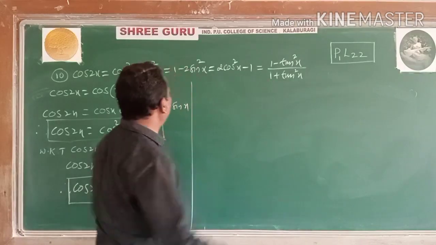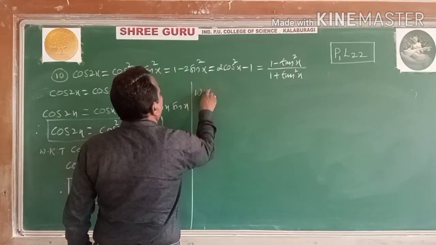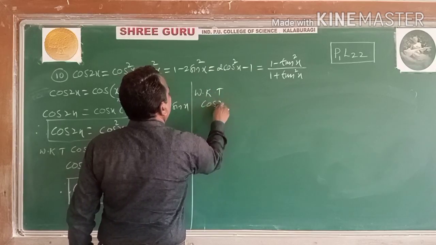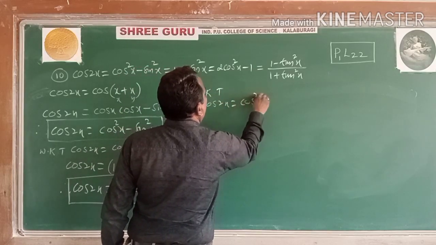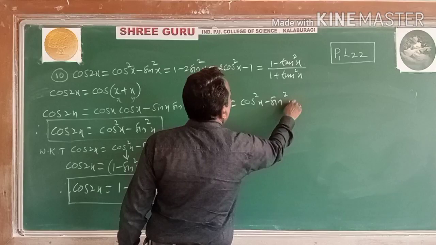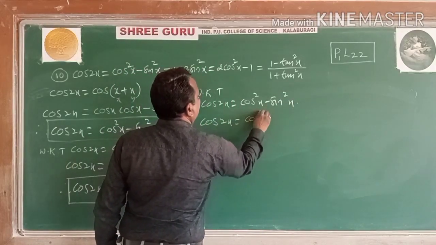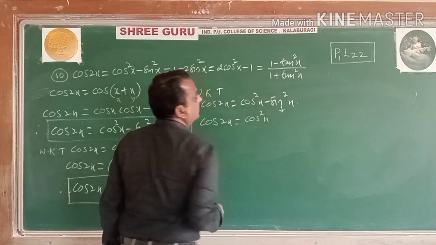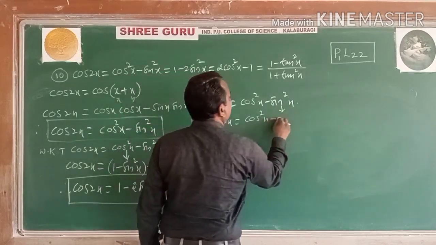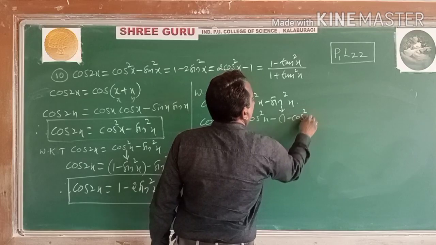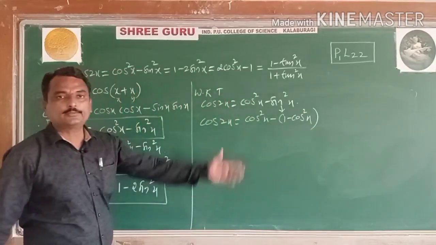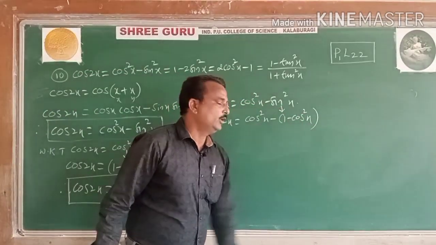We know that cos 2x equals, just as we have proved, cos square x minus sin square x. Keep cos square x as it is and convert sin square into cos. What is sin square x? 1 minus cos square x. What is sin square theta? 1 minus cos square theta.